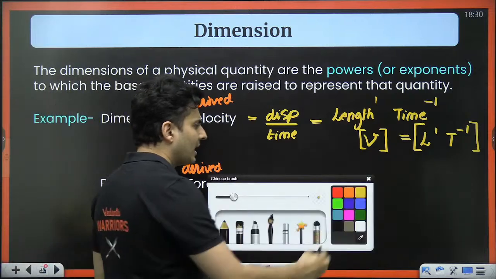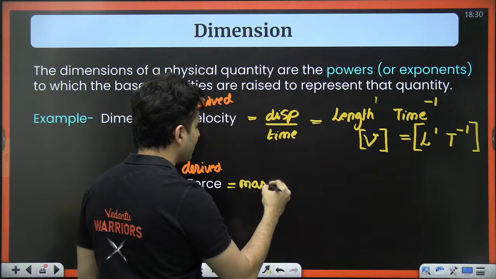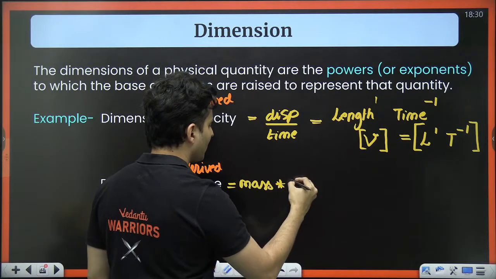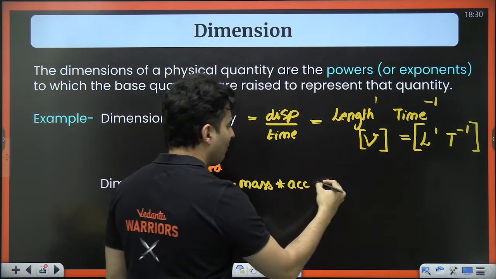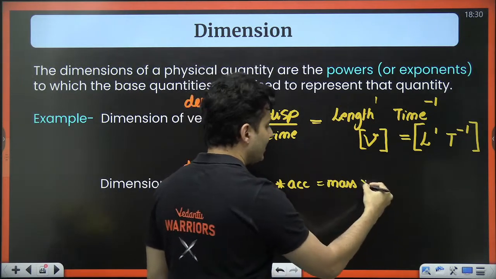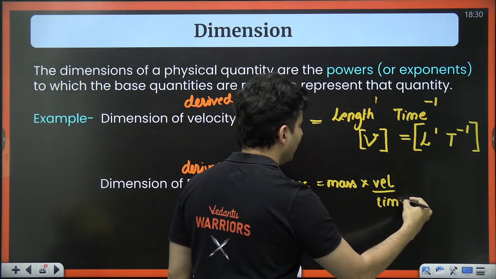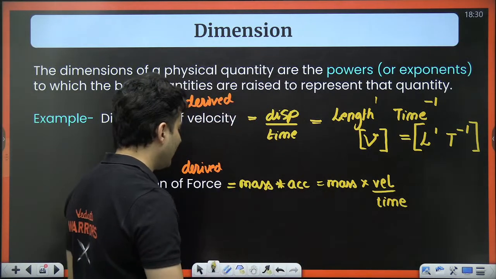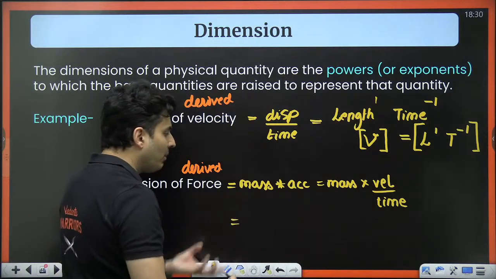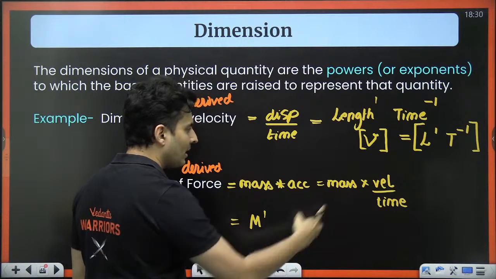Similarly, force, can I write it in terms of fundamental? Yes, it is mass multiplied by acceleration. Mass is mass only, no problem. Acceleration I can write as velocity divided by time. The symbol for mass is M, and the power of mass is 1.